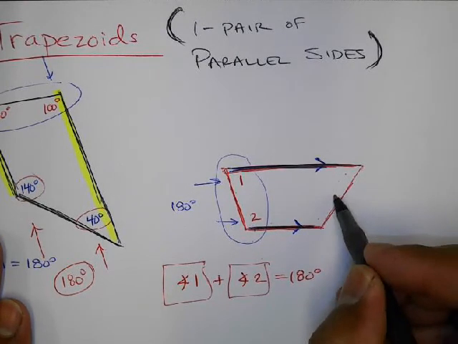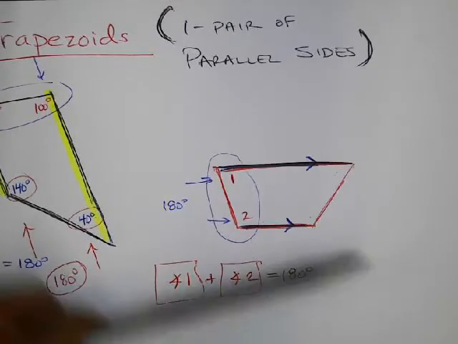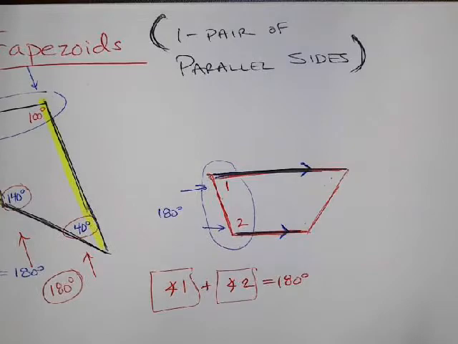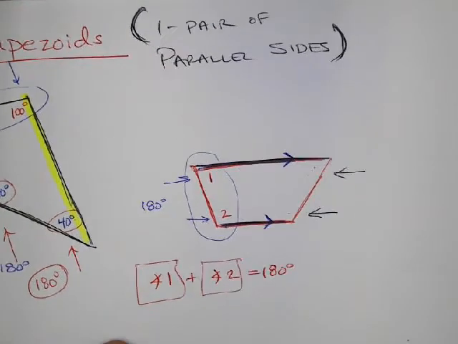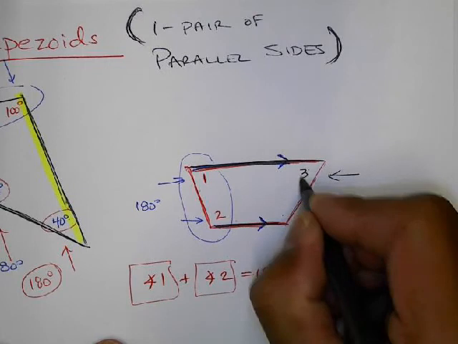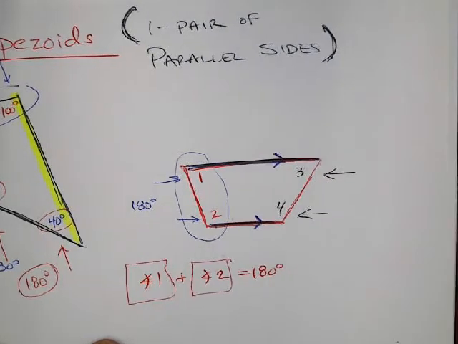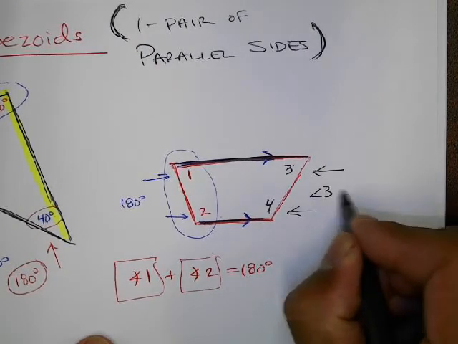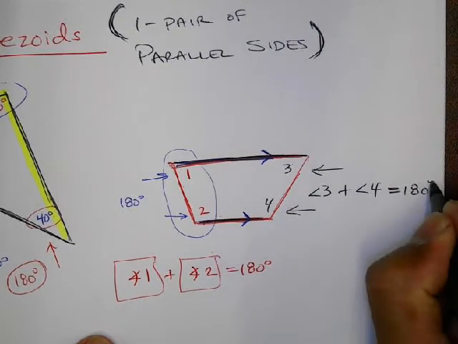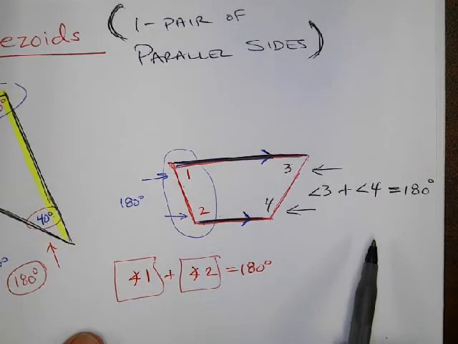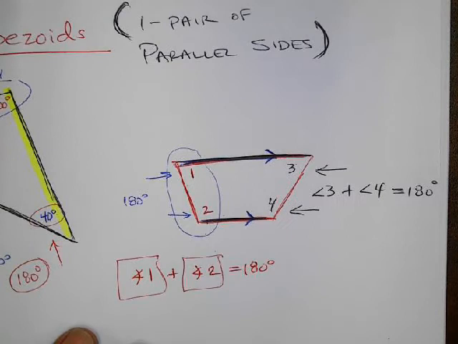Or they can give you two expressions over here. And again, since the lines are running this way, these two would also, let's say this is angle 3 and this is angle 4. You'd be able to say angle 3 plus angle 4 equals 180. And this is what you're going to have to do, set up an equation now. Okay, let's look at this first problem.